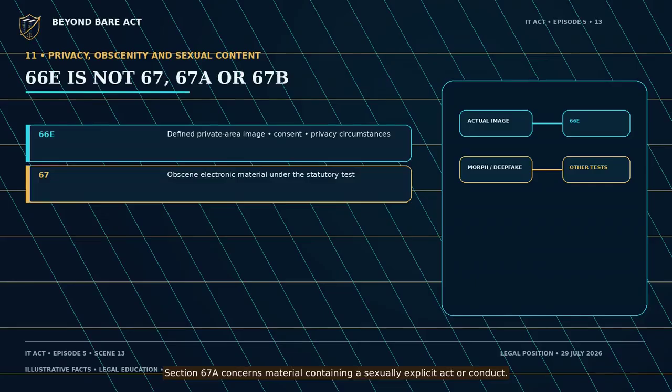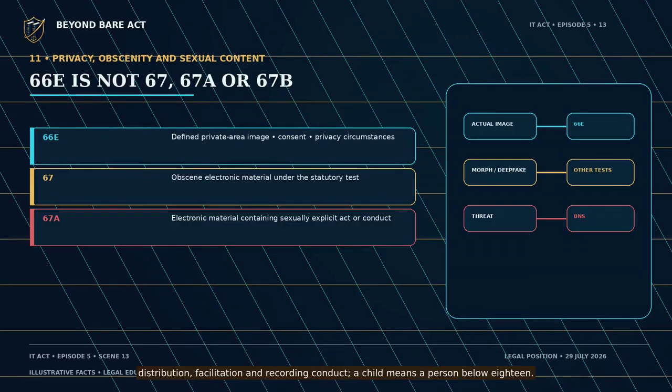Section 67A concerns material containing a sexually explicit act or conduct. Section 67B creates specific, wider offences involving children, including stated creation, collection, browsing, downloading, distribution, facilitation, and recording conduct. A child means a person below 18.